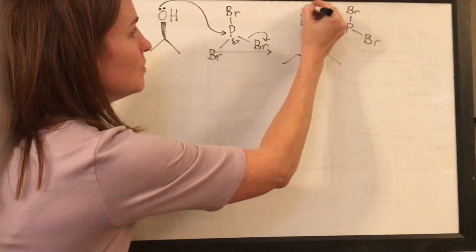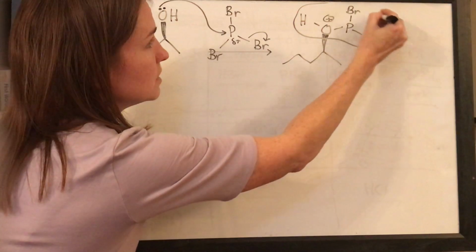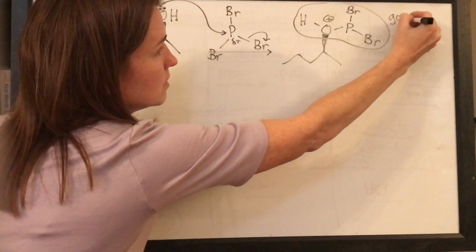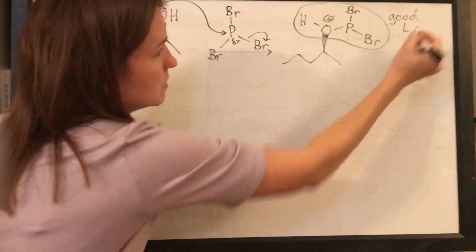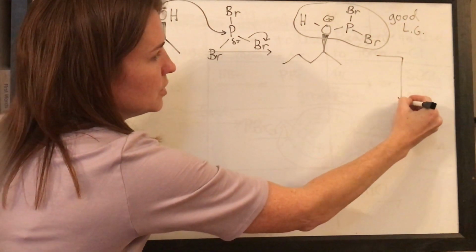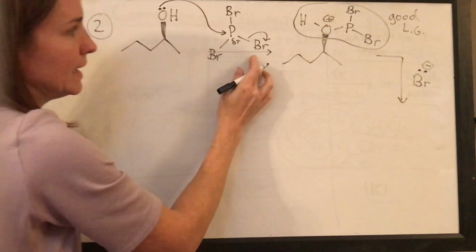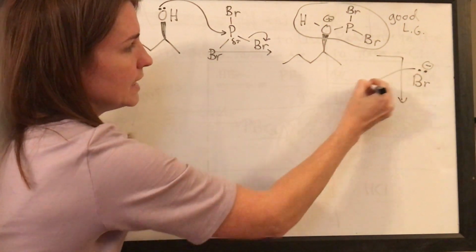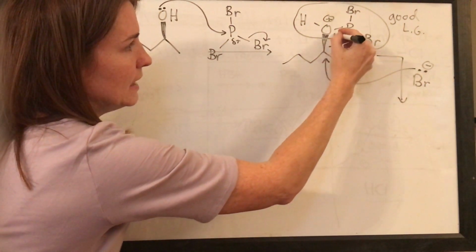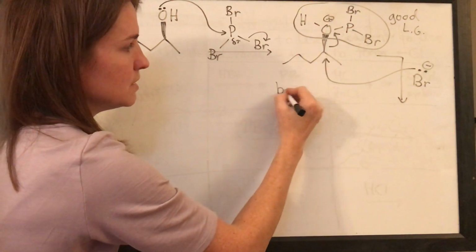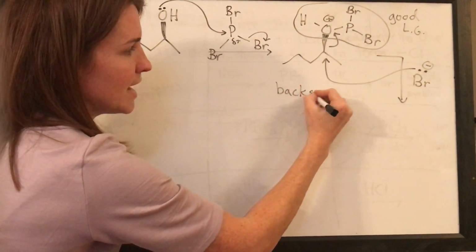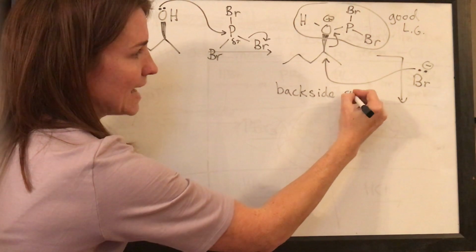And now once again, we have a really good leaving group. And so at this point, our nucleophile, which is a bromine, that bromine that got kicked out earlier, makes a great nucleophile. It can do backside attack and kick out that great leaving group. So just like any other SN2 reaction, this is backside attack.